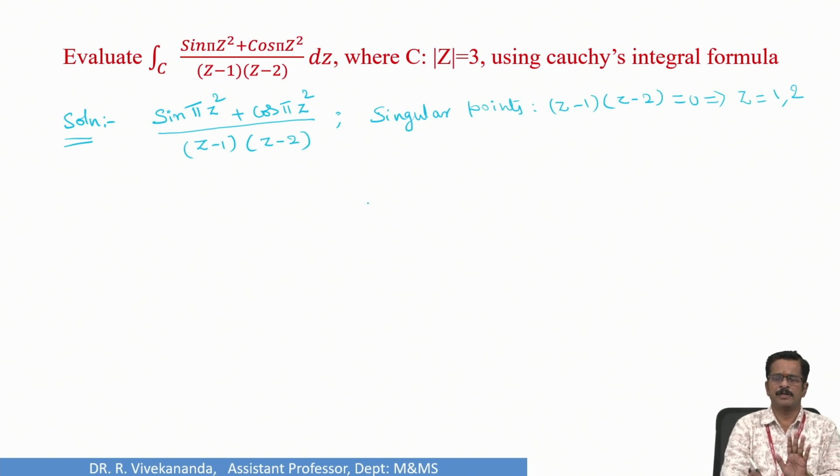Next, we evaluated the singular points. Now you try to see the region. You try to sketch the region. So what is that? Here C is mod z equals 3.